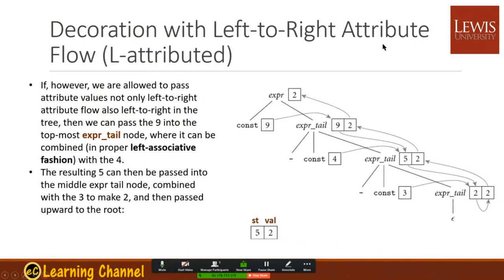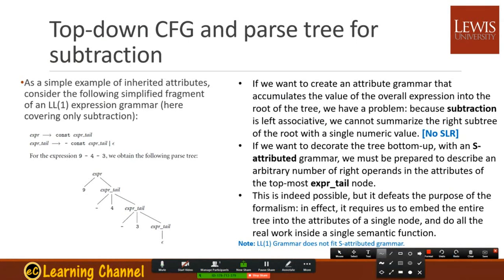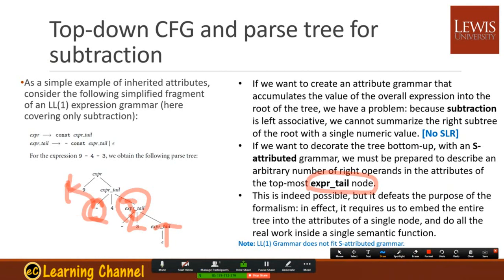Declaration with left to right attribute. So instead of doing that for the S attribute, we use the L attribute. The previous one indicates that if we want to use the S attribute, everything goes from bottom to top, and it's left associative, then what happens is we calculate this up to there, but you still cannot decide whether the expression tail type is matching because this minus is left associative.